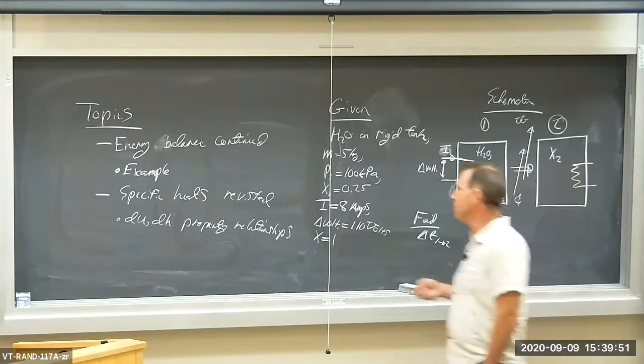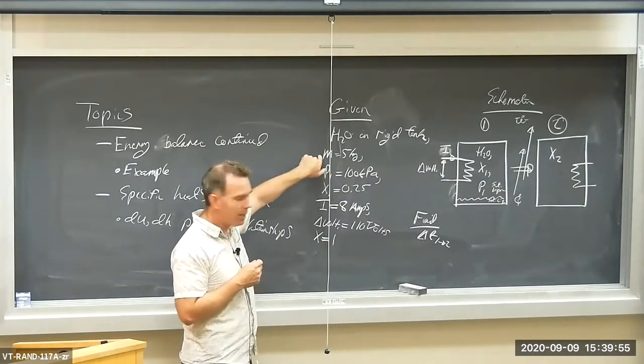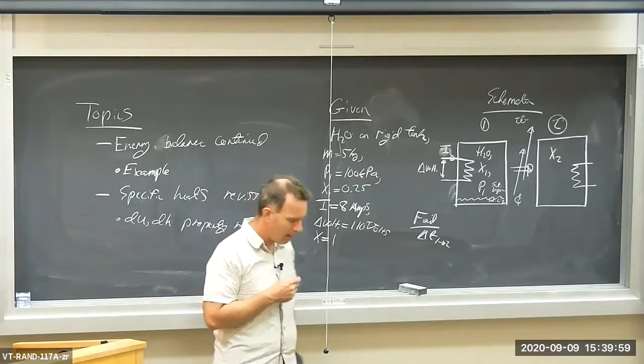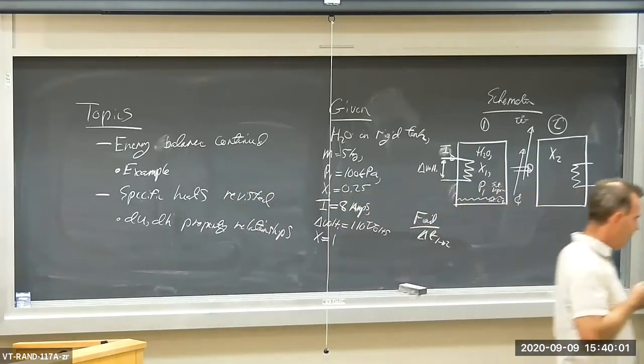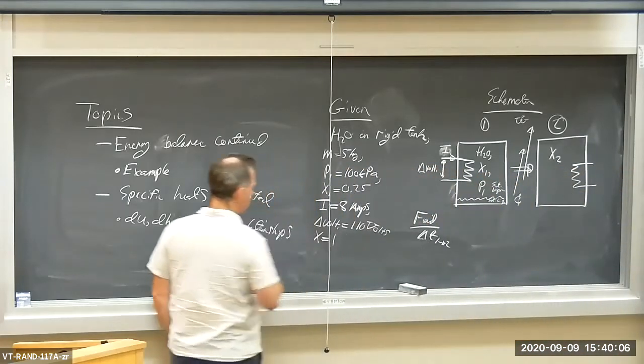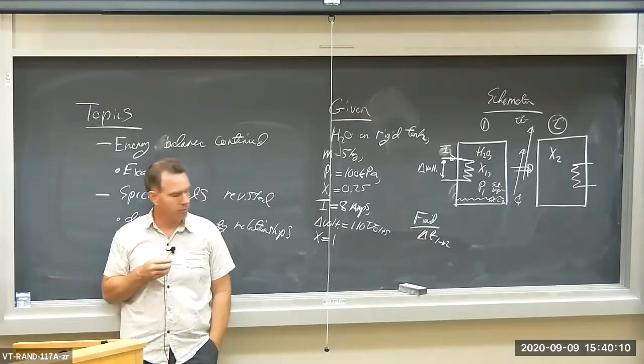So let's go over the details a bit more here. There's 5 kilograms of H2O inside the container. The initial pressure is 100 kPa, so approximately 1 atmosphere. As I said previously, the quality at state 1, the initial quality of the H2O is 25% vapor by mass.